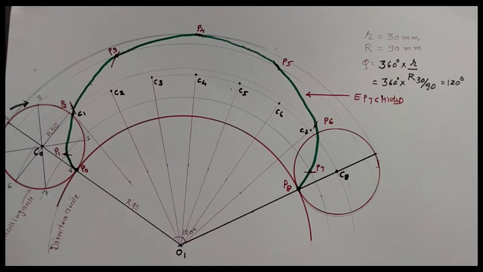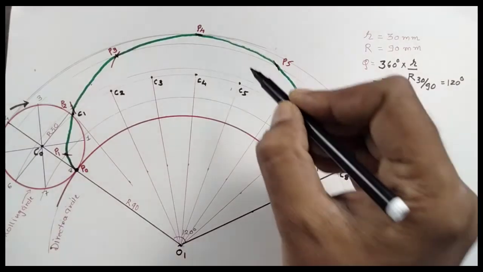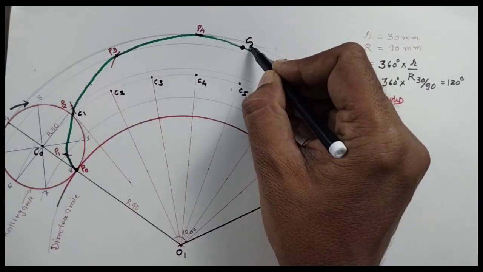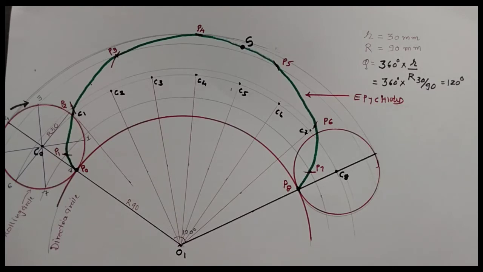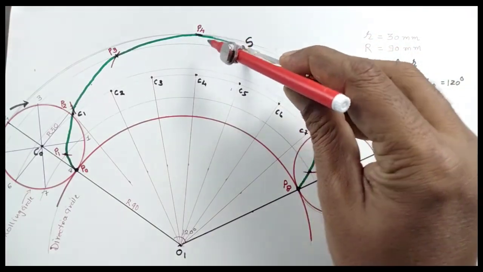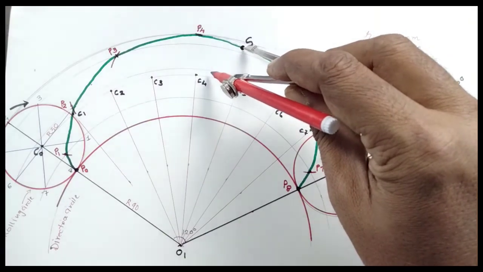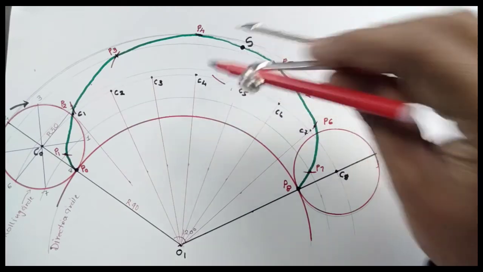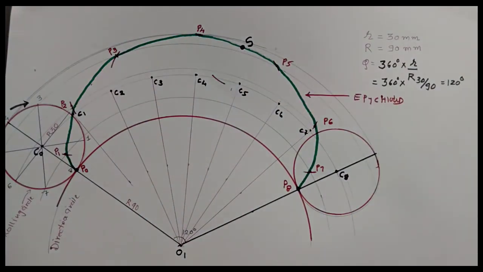Now the problem is, draw the tangent and normal at a given point S. So first I mark the S point on my locus of point P on my epicycloid. From this point, first we find our center. So I take the radius of the rolling circle and draw the arc on the central line.